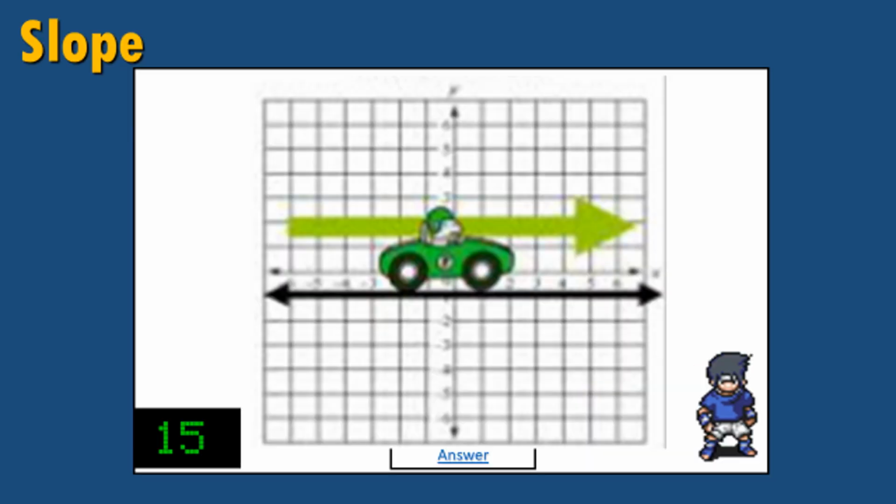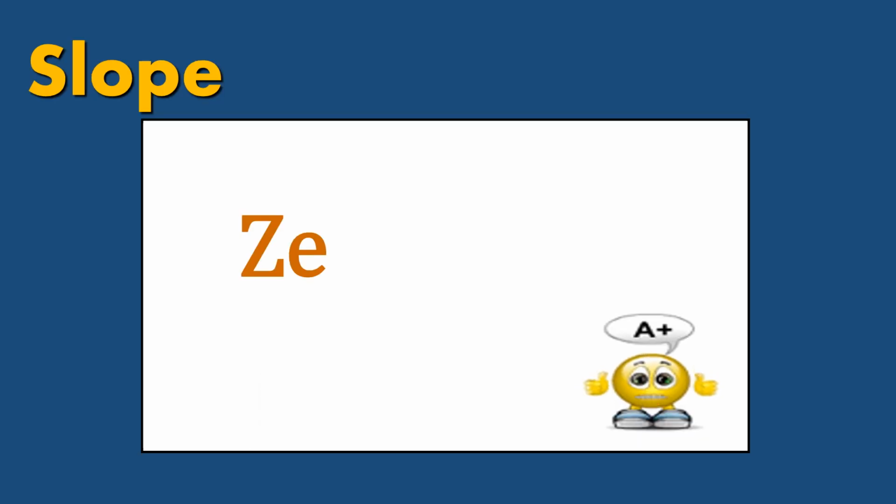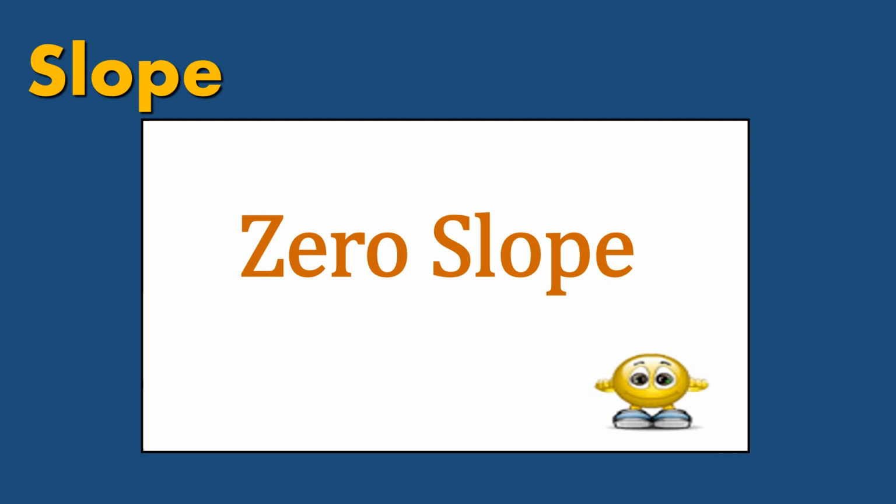How about this? The answer is zero slope.